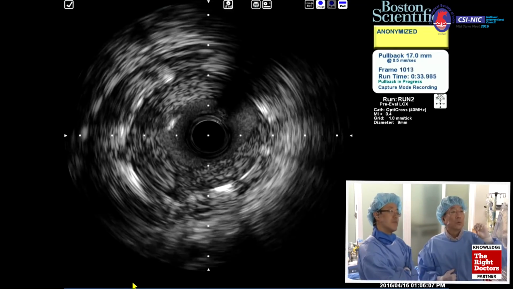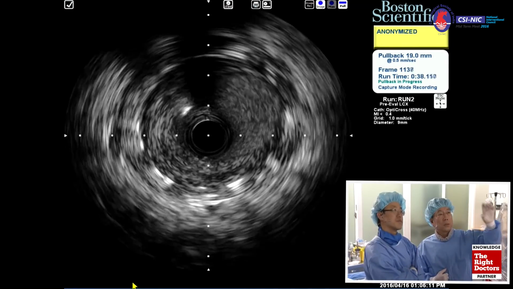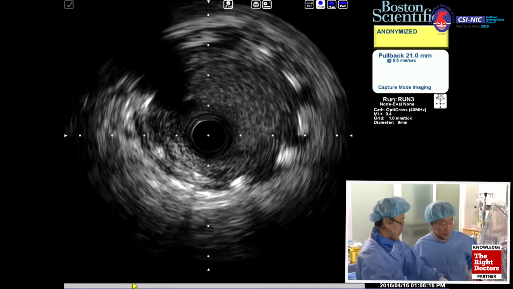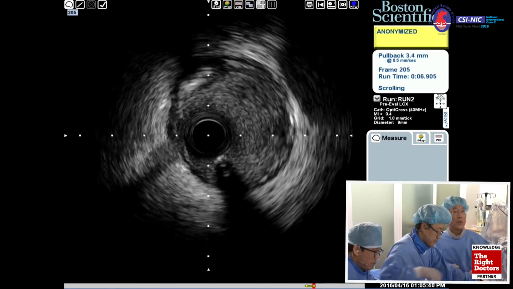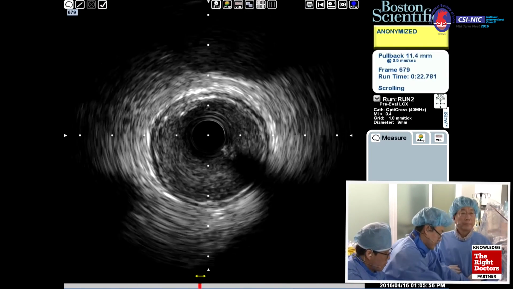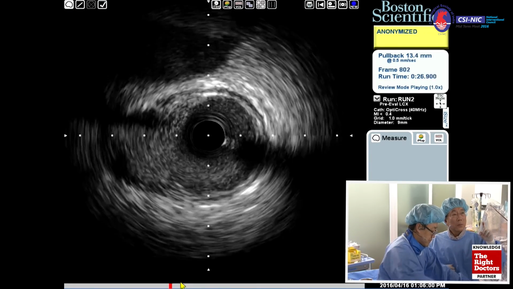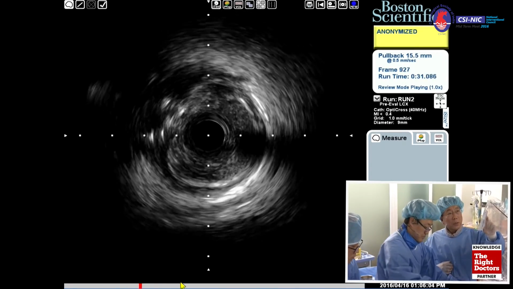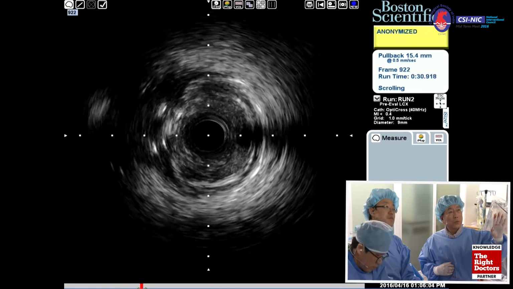Okay, another wire from the LAD. This is the main. Would you show us again? Stop. We know what it is, right? Very interesting findings. That is a polygonal, big obtuse marginal branch. Slowly, backward, one or two, a little bit further.